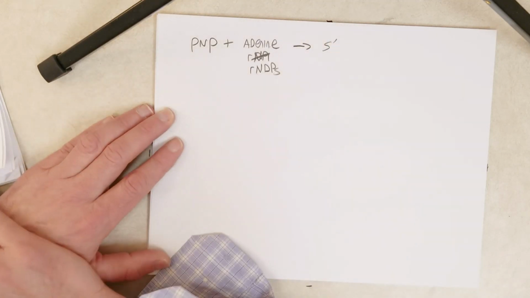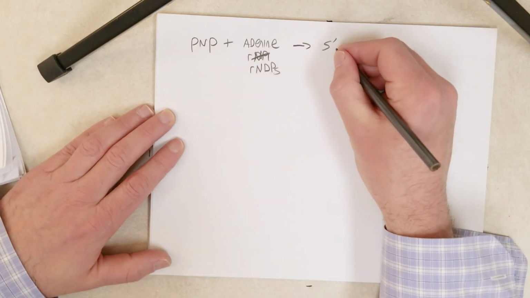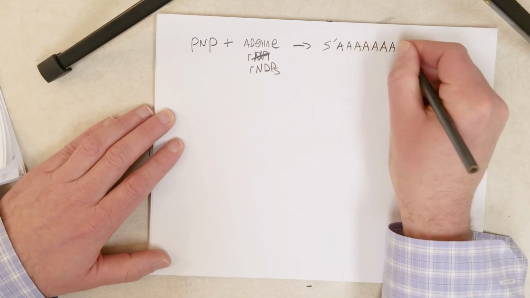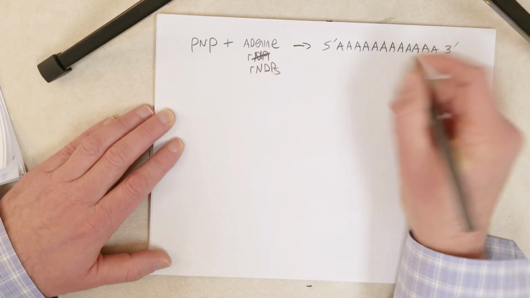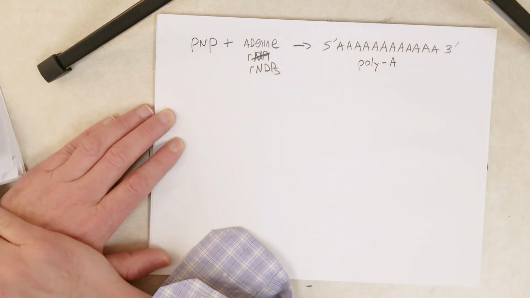Take a second to predict what that will make. You know what? Back up the video, see what we did for uracil. Okay, what did that make? It joins long chains of A's together. So this makes a poly-A RNA.